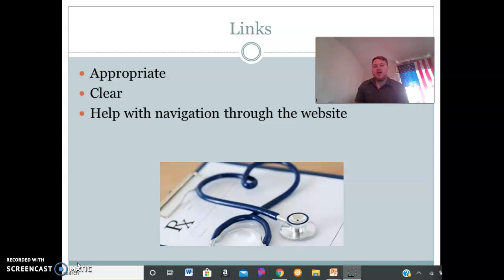You know exactly what you're clicking and what it's going to bring you to, like the different parts of the memberships, accreditations, and certifications. And there are even links throughout the whole website that help navigate through the website itself. It's a very large website and it can be difficult at points to find exactly what you are looking for, but with those links, it'll help you jump around the website a lot easier and smoother.